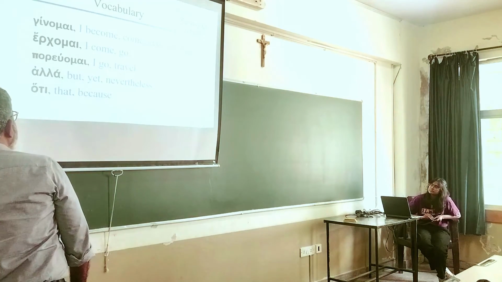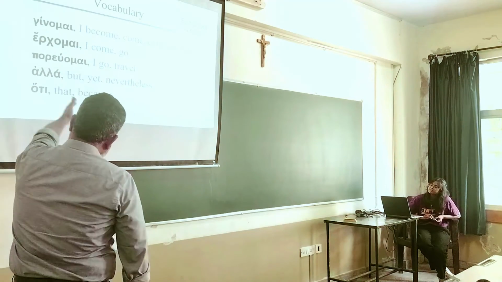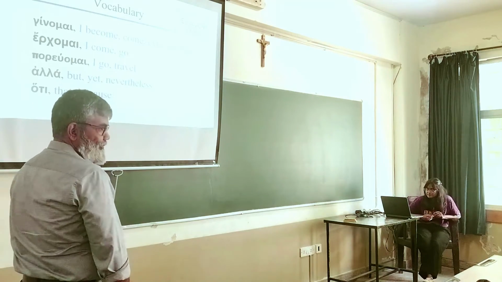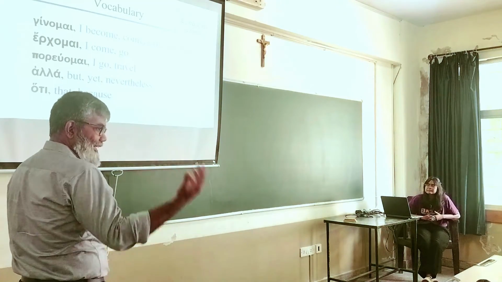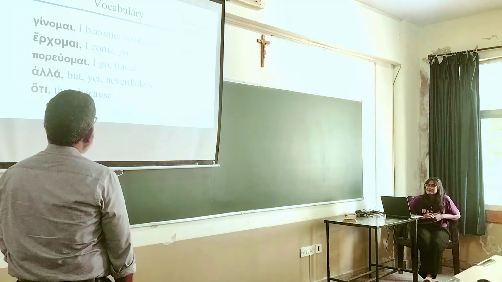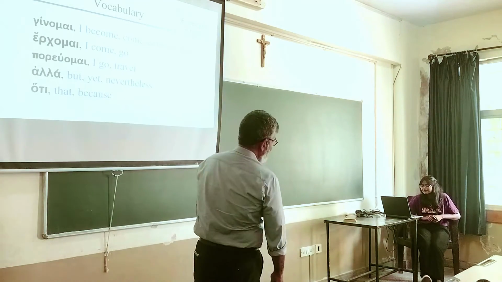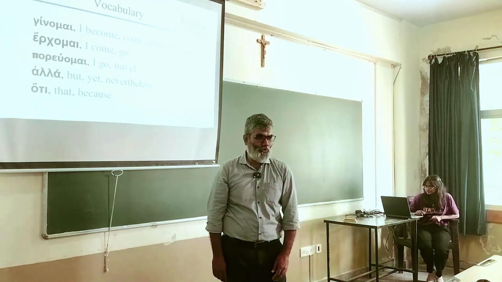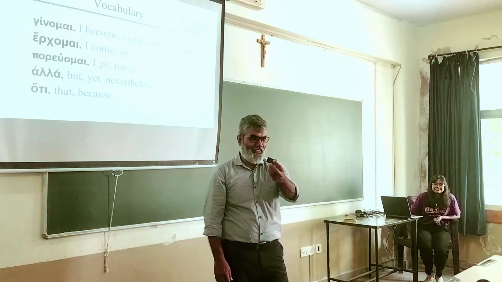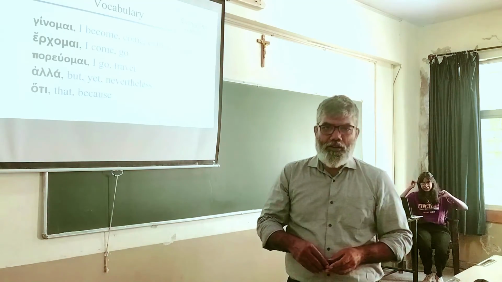Hoti and alla, you see them very often. So ginomai, erkomai, poreuomai, alla, hoti. When you're memorizing, read it loud. Have fun. It sticks with your brain. Okay, that's it. So that's the end of second declension now. Amen. Thank you. Do you want to switch this off? Shut this down. Okay, any doubts?